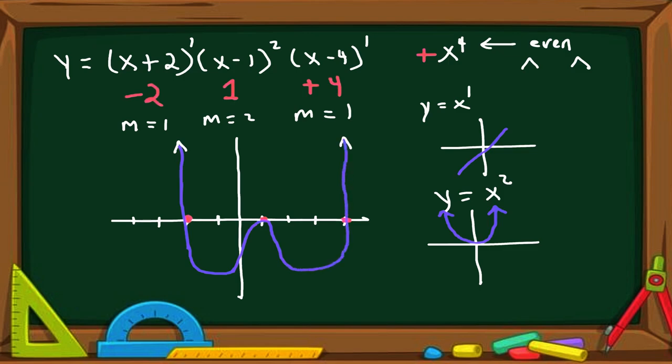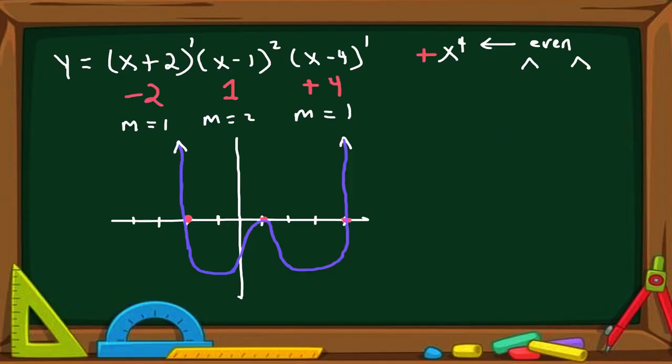Now, the only thing we don't know is how low the peak is or how high it is. And the only way to get a good idea of the heights of those peaks is to plug in numbers. So we're going to try -1 and +2. And let's see what the y values are for those numbers. So let's plug in -1 into the original expression.